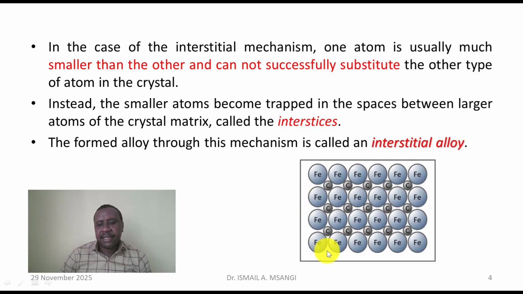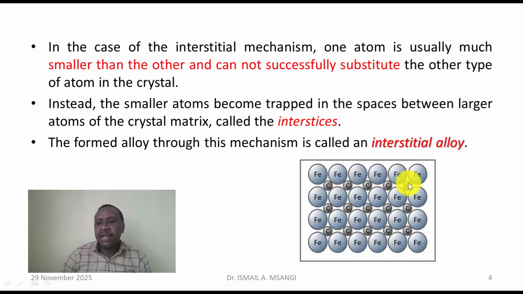And here is an example of interstitial alloy where carbon atoms are mixed with iron, and as a result of difference in atomic size, carbon may not replace iron in the mixture.